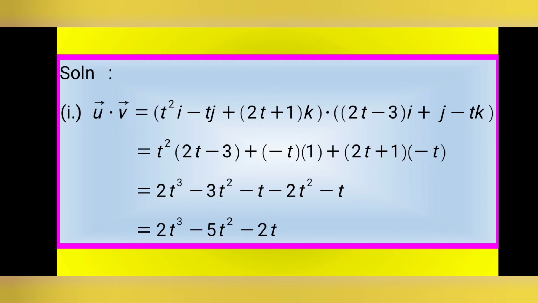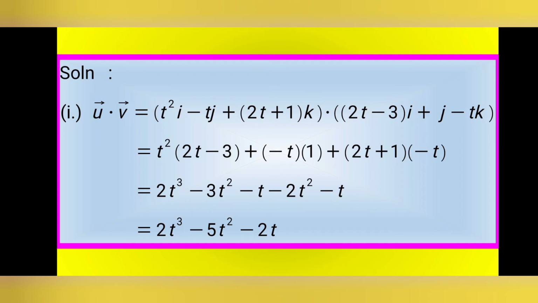That is, you multiply the i component of u by the i component of v, the j component of u by the j component of v, and lastly the k component of u by the k component of v.